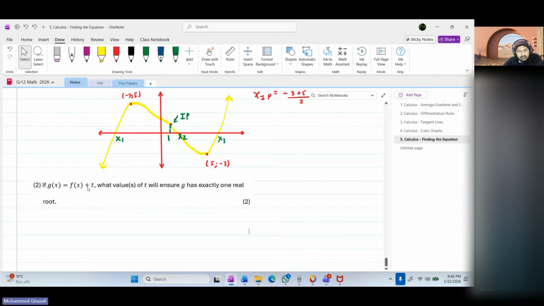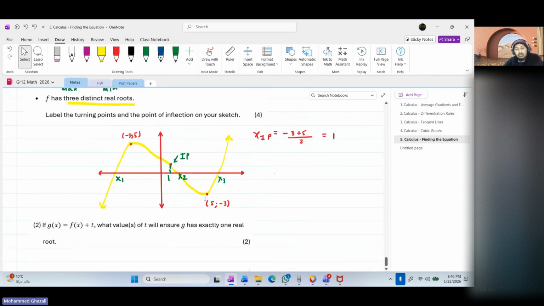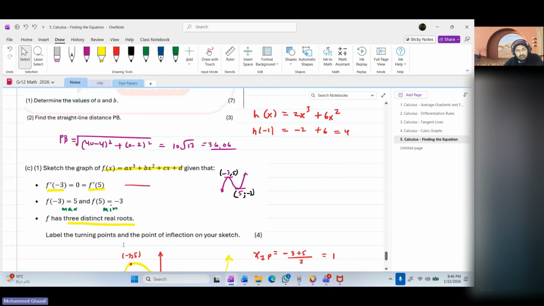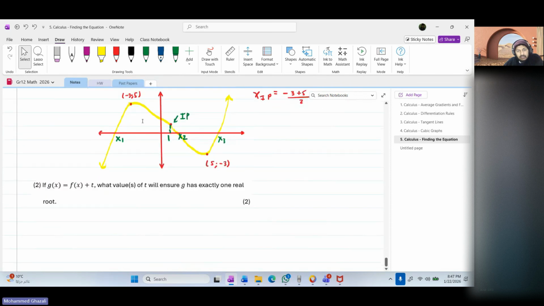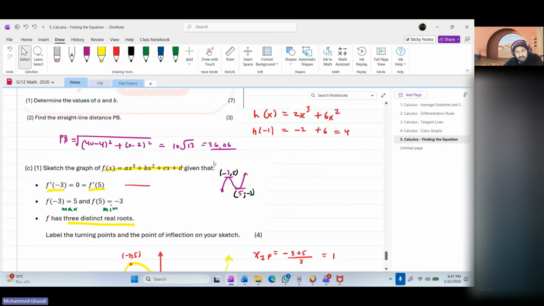If g of x is equal to f of x plus t, what values of t? Oh, okay. So is this function over here? f of negative 3 is equal to 5 and f of 5 is equal to negative 3. Okay, we only need to worry about the turning points, all right? So we are looking at this function here.